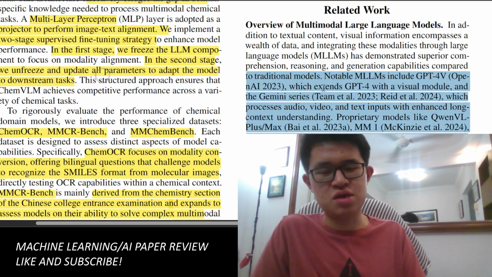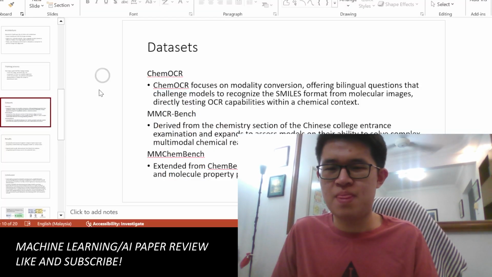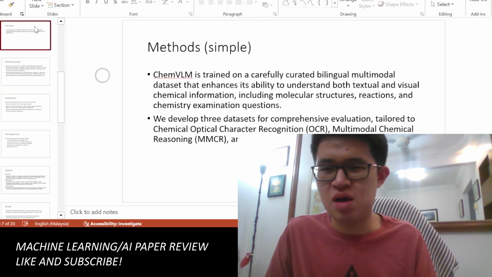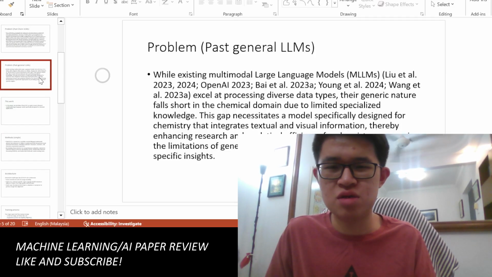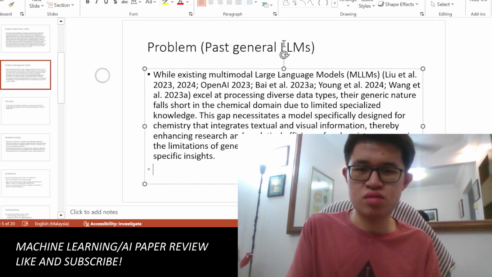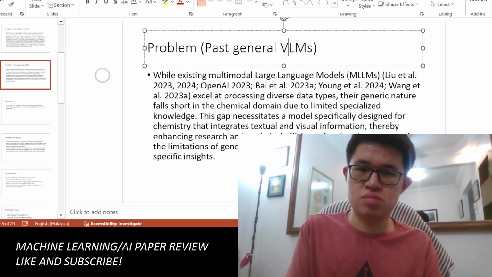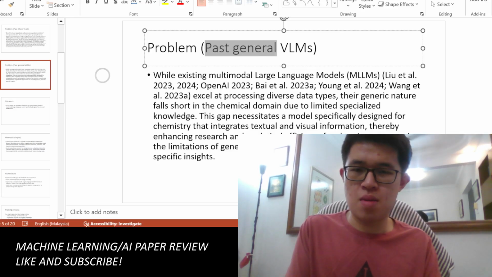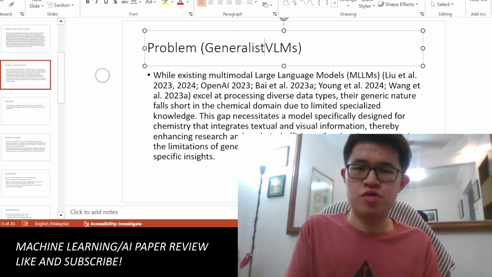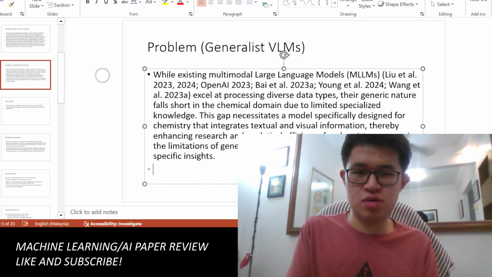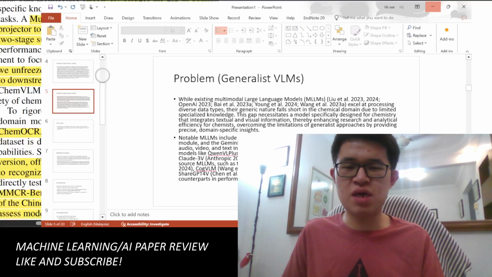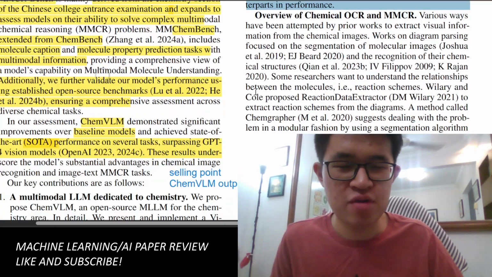Those are a list of models here. I can put it in the introduction. Generalist VLMs. So those are the examples that they gave.